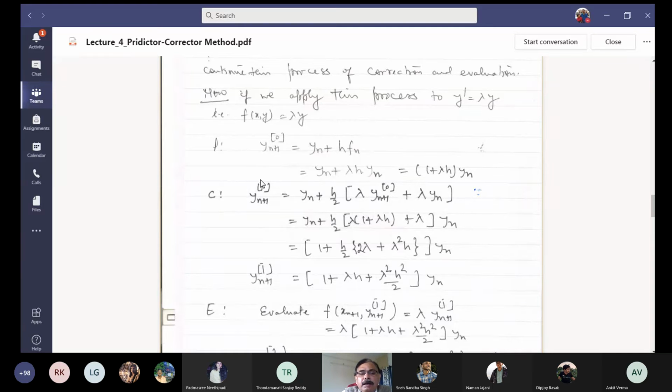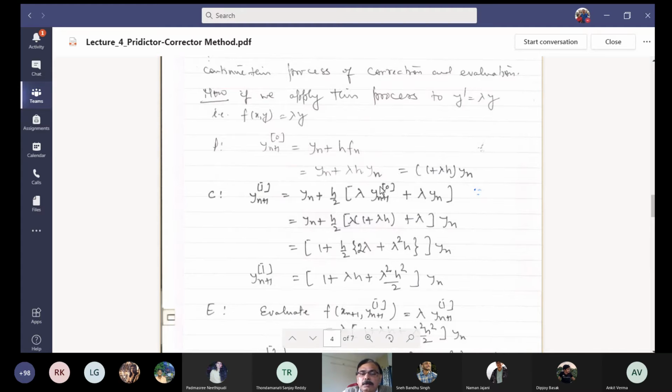y n plus 1 superscript 1 will be y n plus h by 2, and then f is basically lambda, the average slope at y n plus 1 and y n. So it is y n plus 1 superscript 0, which we have already got using the predictor method, and that value is 1 plus lambda h into y n.